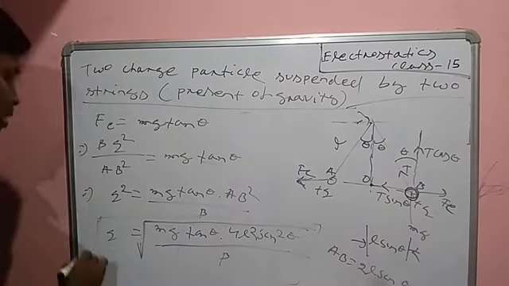That means the total length L possesses total charge Q. But dL possesses dq, because the charge is distributed uniformly. In length L the charge is Q, but in length dL the charge is dq.